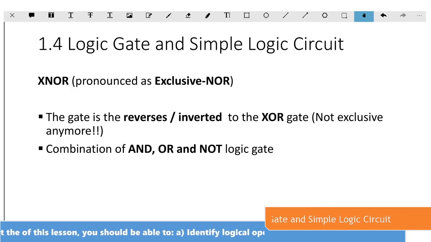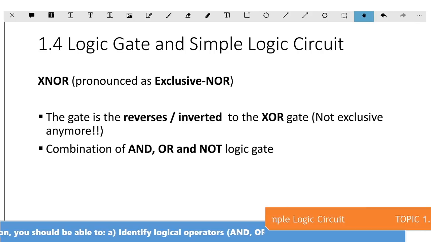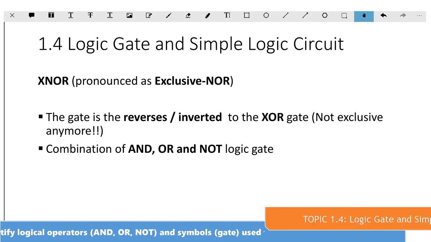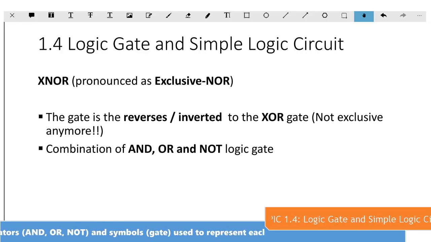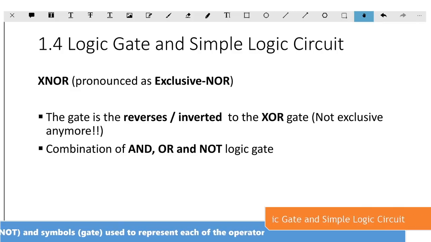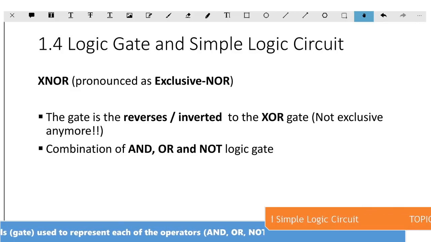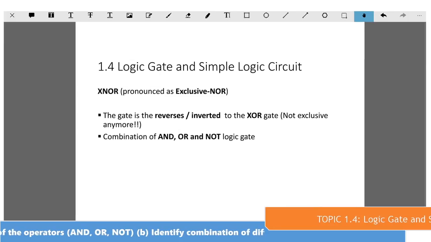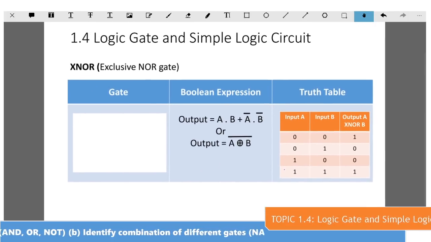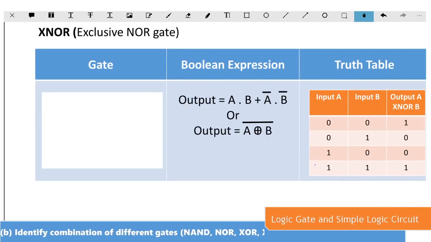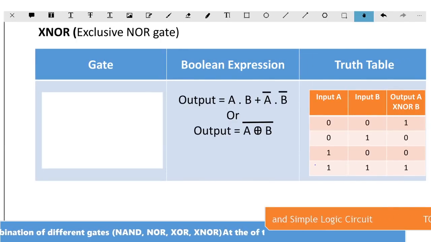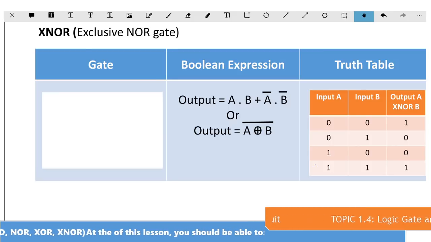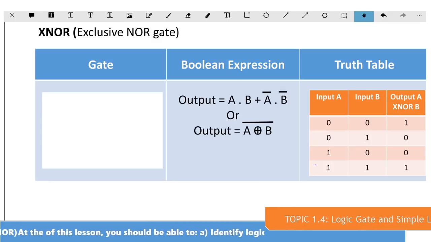Okay, now is the XNOR gate. We can pronounce it as exclusive NOR. The gate is the reverse or inverse of the XOR gate. It is a combination of AND gates, OR gates, and NOT gate. An XNOR gate is a logic gate with 2 or more inputs and 1 output that performs logical equality.